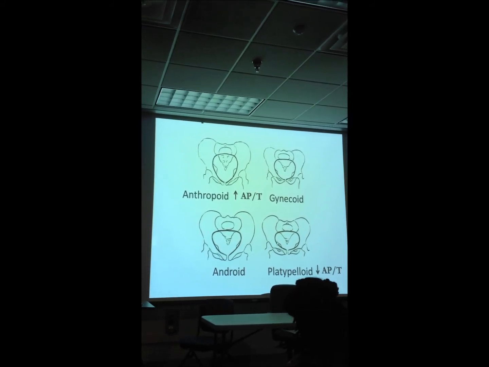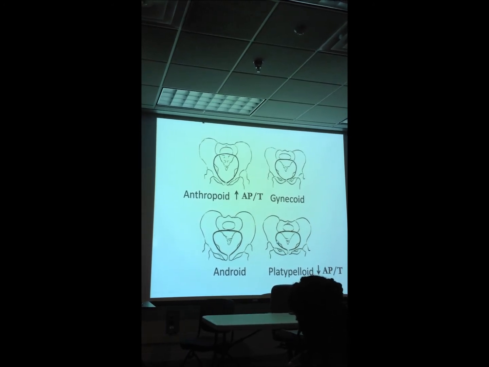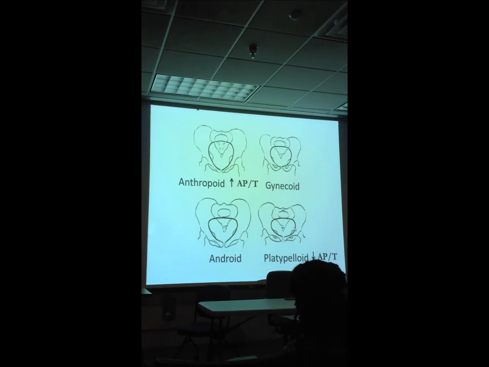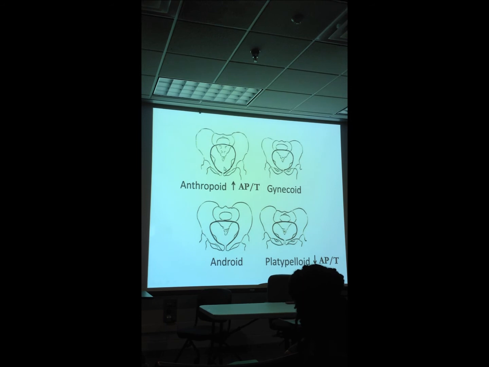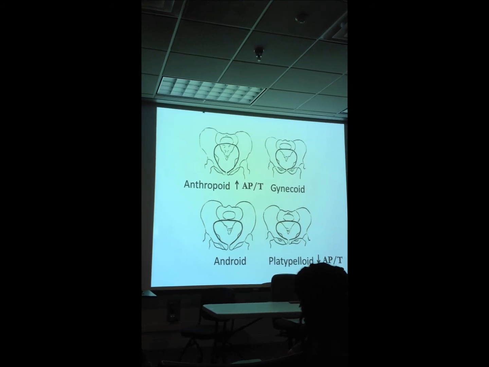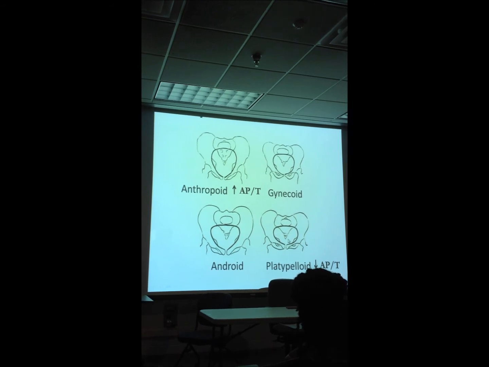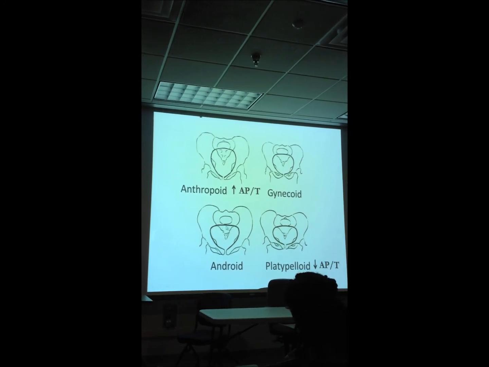Especially compared to this, we have a decreased AP to transverse diameter ratio. This is shorter, and this is longer. So your AP to transverse ratio is high in anthropoid and low in the platypelloid. Gynecoid is mostly circular. Android is said to be heart-shaped in the male, as you'd expect from its name.